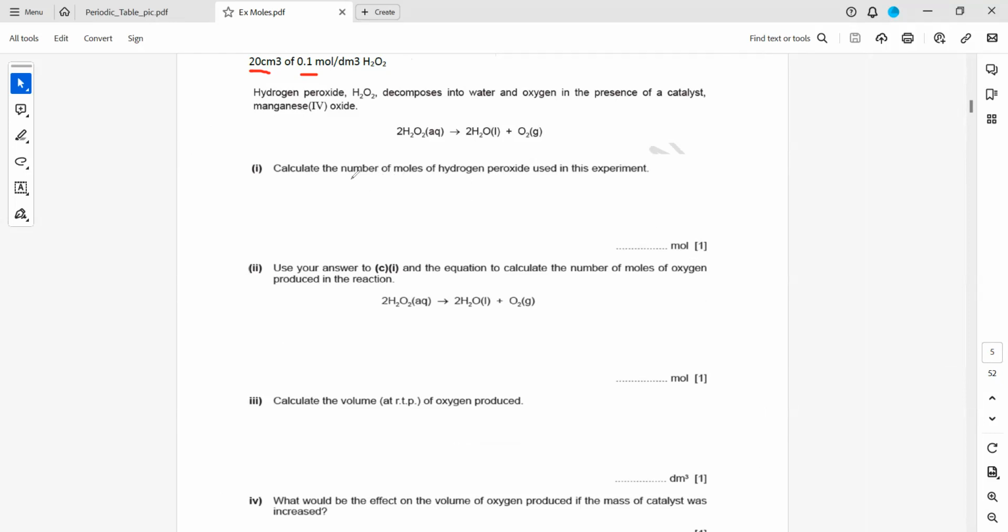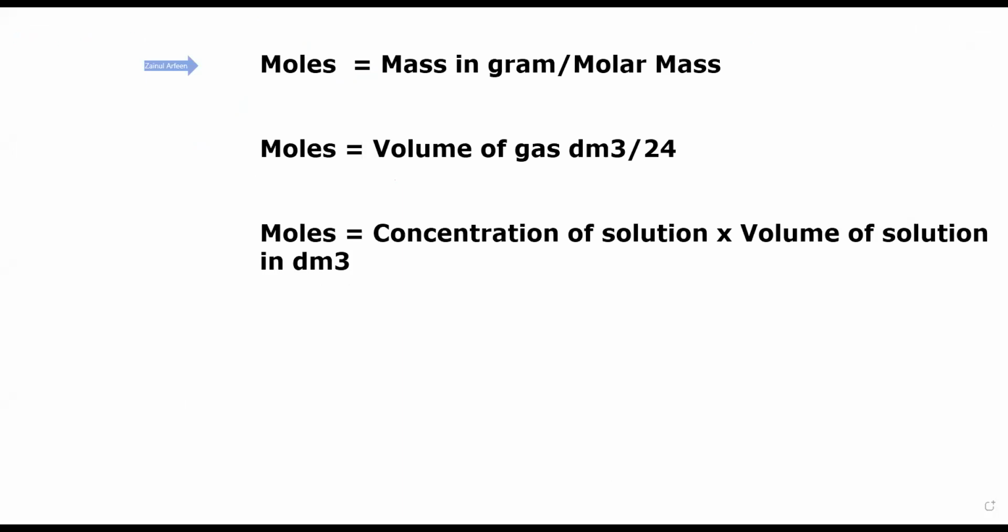Calculate the number of moles of hydrogen peroxide used in the experiment. So we have the volume and we have the concentration. Which formula should I use if I have the volume and concentration? First, second, or third? Third. So we'll use the third formula.